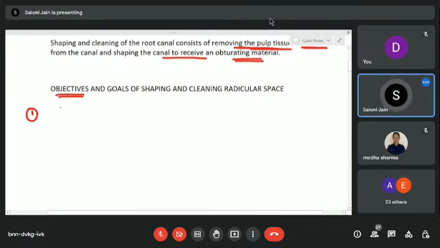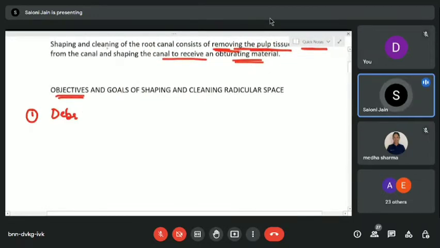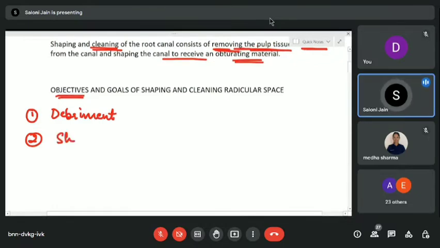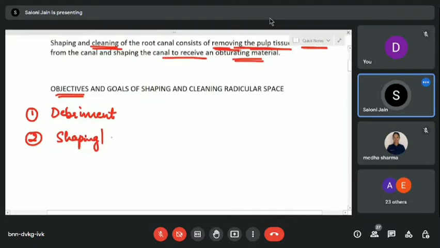So first cleaning, that is debridement of the debris and disinfection of the root canal. That is the main objective. And secondly, it is the shaping or contouring of the root canal for the purpose of putting an inert material so that it's sealed.